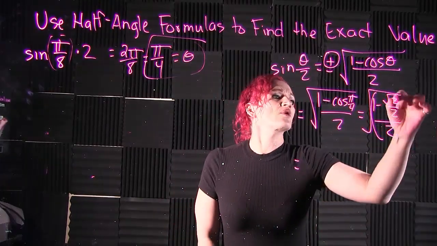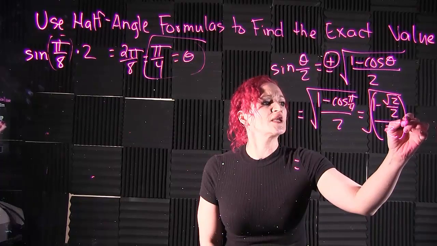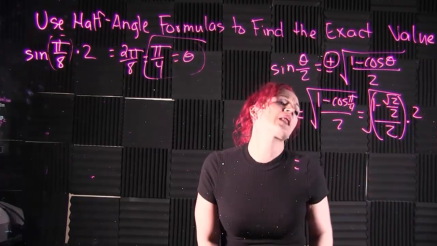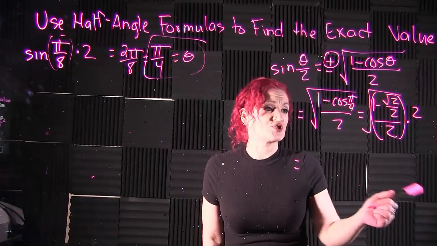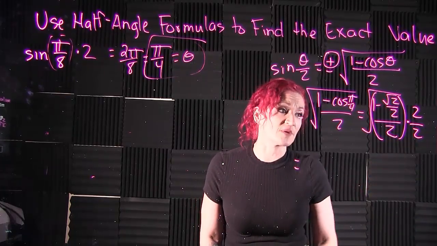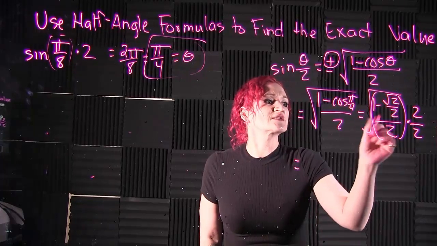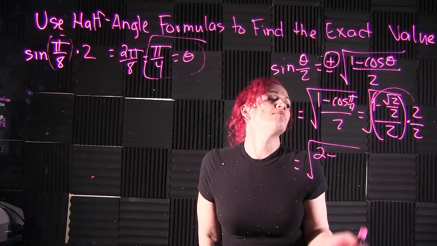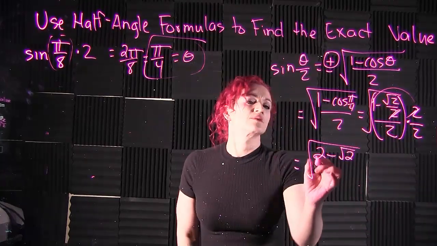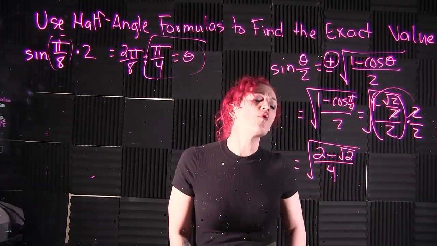In order to simplify this entire fraction, I am going to multiply by a 2, the numerator and the denominator. So 1 times 2 is a 2 minus, these 2's cancel out, over a 4.